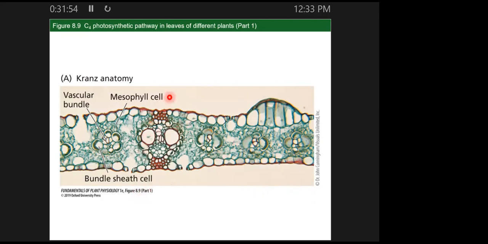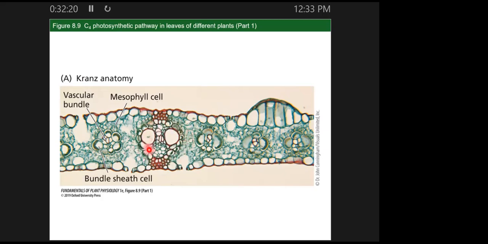One thing, especially on the minor veins, it's really obvious. You see these big, fat, plump cells that are surrounding the vein. So the xylem are reddish, the phloem are those more delicate looking blue-green, and then that ring of cells around the vein, that's your bundle sheath.